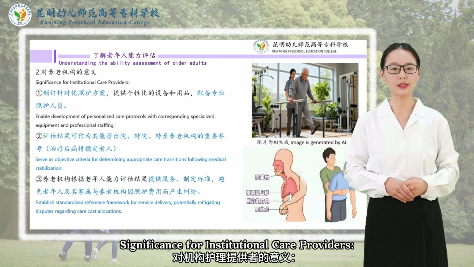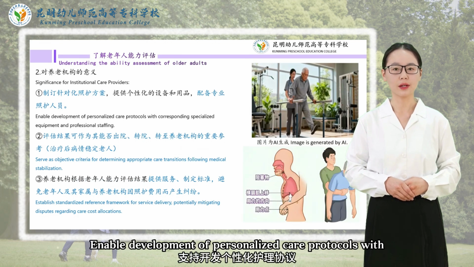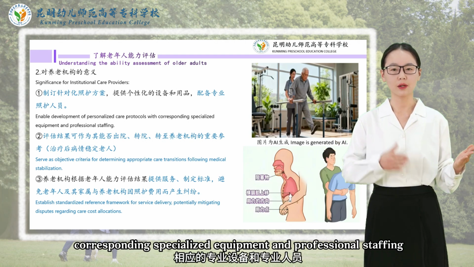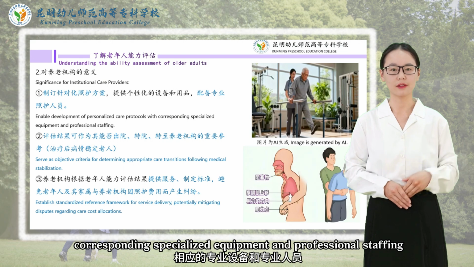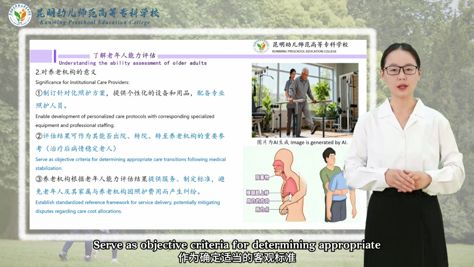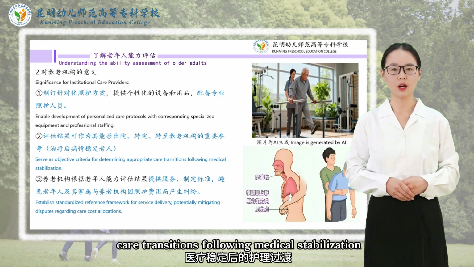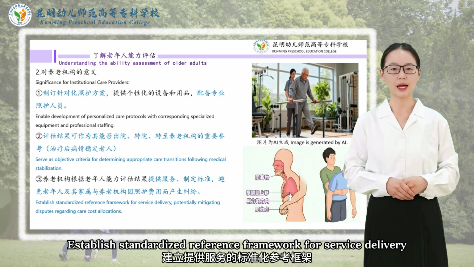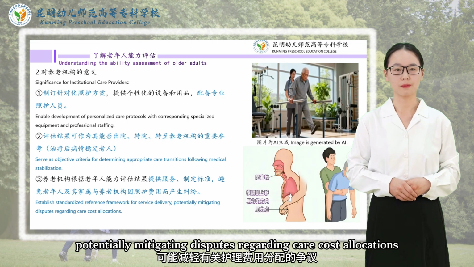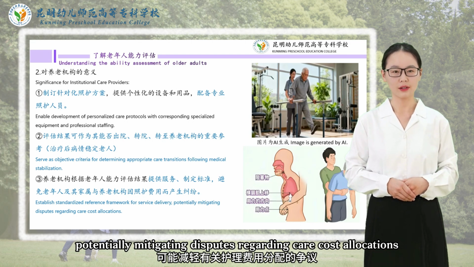Significance for institutional care providers. Enable development of personalized care protocols with corresponding specialized equipment and professional staffing. Serve as objective criteria for determining appropriate care transitions following medical stabilization. Establish standardized reference framework for service delivery, potentially mitigating disputes regarding care cost allocations.